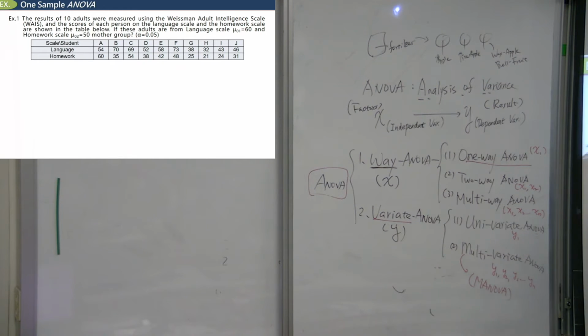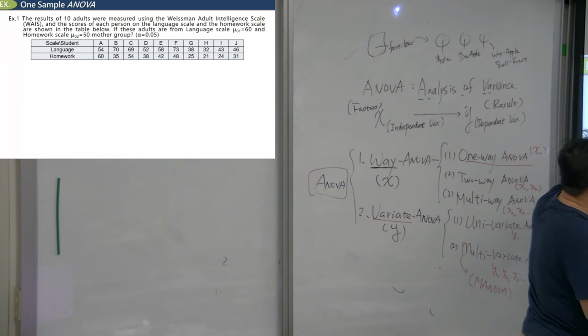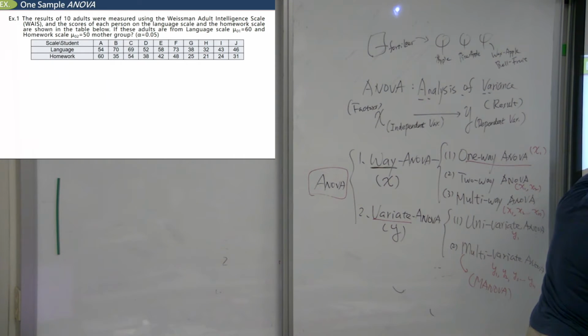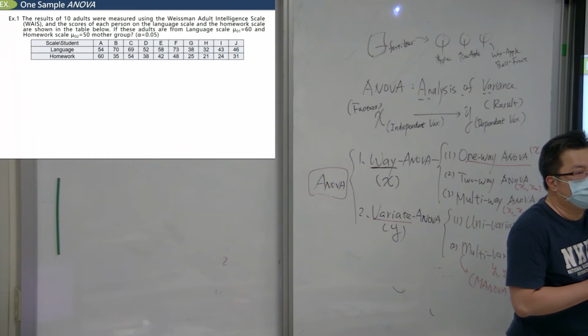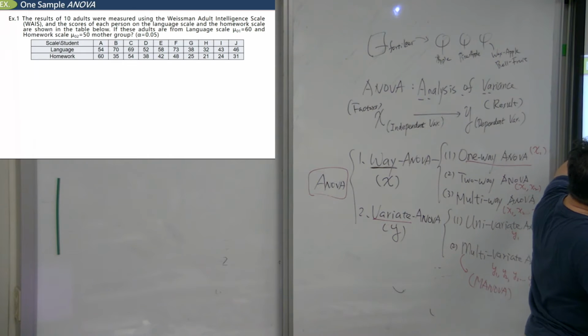Okay, we use the Wechsler Adult Intelligence Scale. This scale includes verbal scale and performance scale. That means they are testing your language ability and assignment ability.